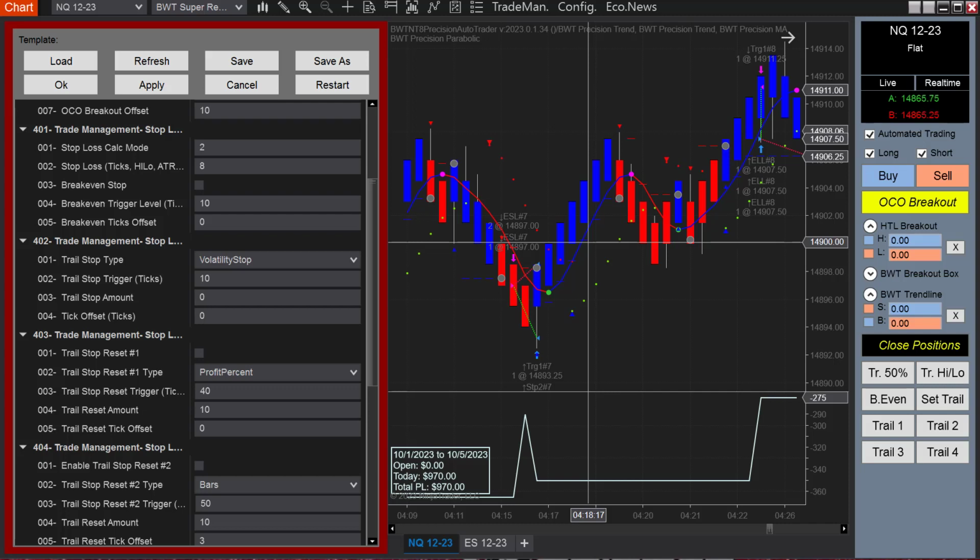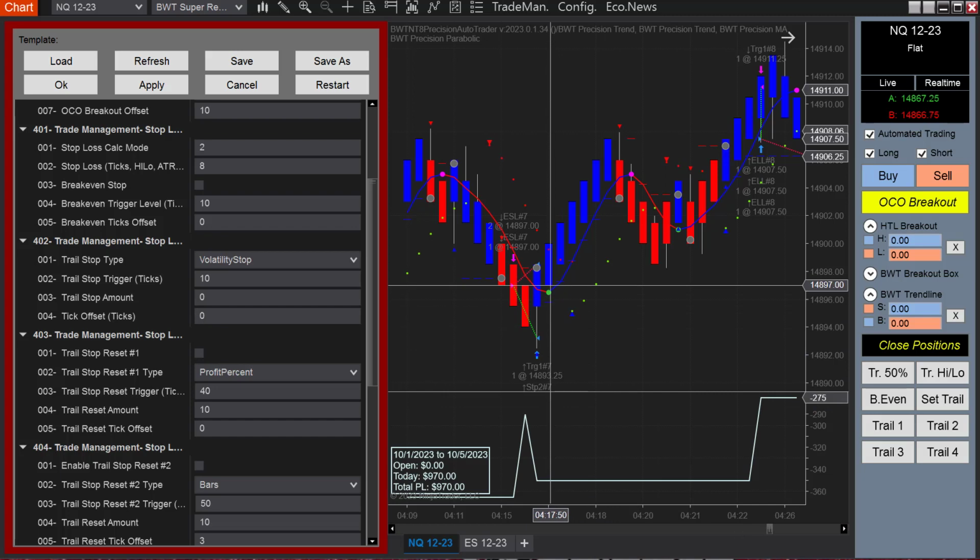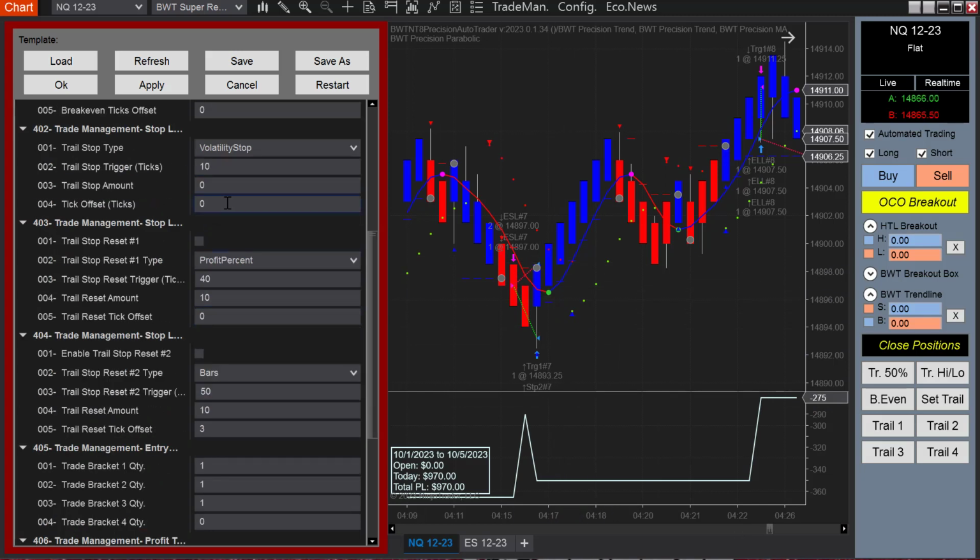So all these fancy types of trailing stops with trend lines or whatever that some people suggest is not necessarily the best way to trail a stop. We have a unique feature with this trail stop reset. You have your base trail stop, and then you can reset it 2 times. So as the trade progresses, you can ratchet up the trail stop and bring it in closer and closer.